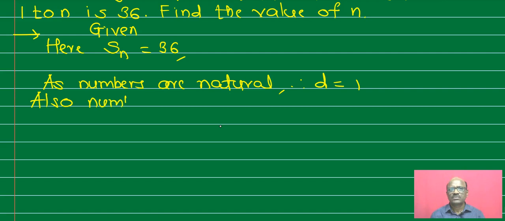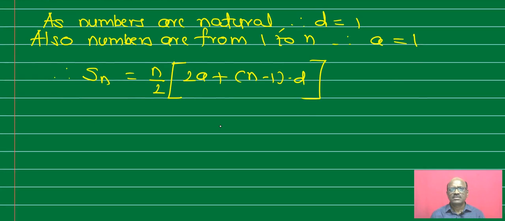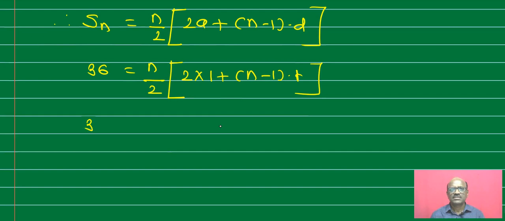Also, numbers are from 1 to n, means what? a is equal to 1, Sn is equal to n upon 2 in bracket 2a plus n minus 1 into d. Therefore, Sn that is given 36 is equal to n upon 2, 2 into 1 plus n minus 1 into d. d is 1.